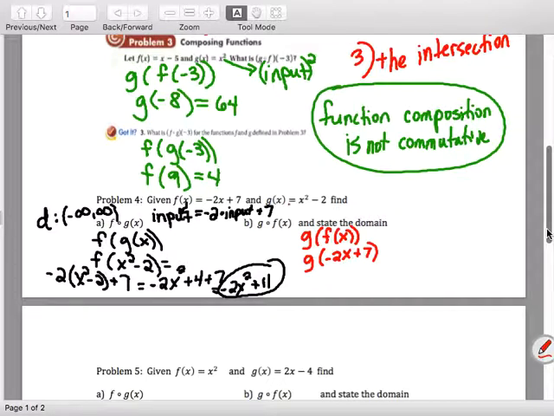So I want you to come to the g function, and if x is the input, what g is saying is take your input and square it minus 2. Okay? That's what g of x equals x squared minus 2 is. Your input squared minus 2. So my input is negative 2x plus 7. I'm going to square it minus 2.